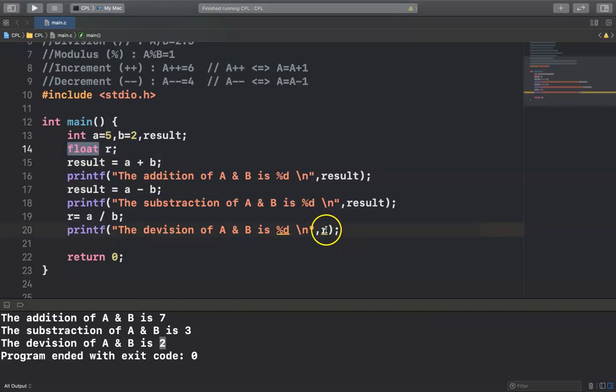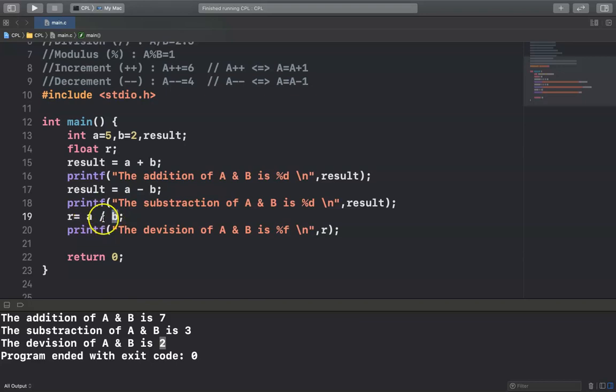So I have to change the format to %f. But it still doesn't work, because A is integer, B is integer, so integer divided by integer is equal to integer.